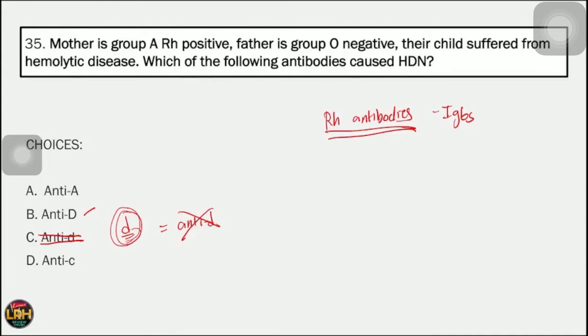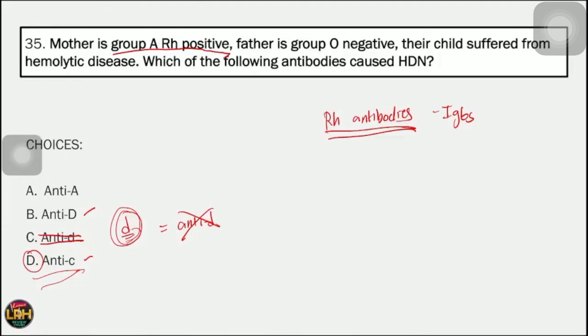Then we have small anti-c. It is possible. So we have two possible choices left: anti-D and small anti-c. Between the two, which is more possible? It is letter D. Given that the mother is Rh positive, she already has the D antigen.